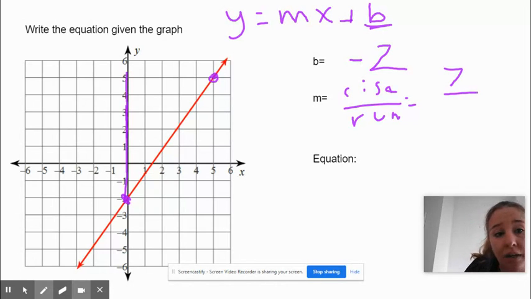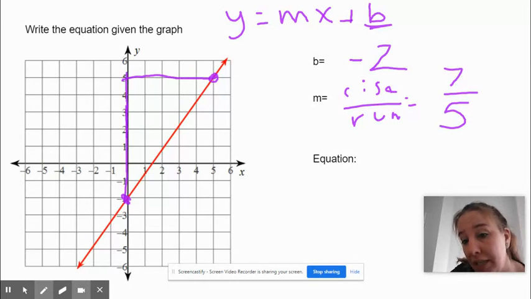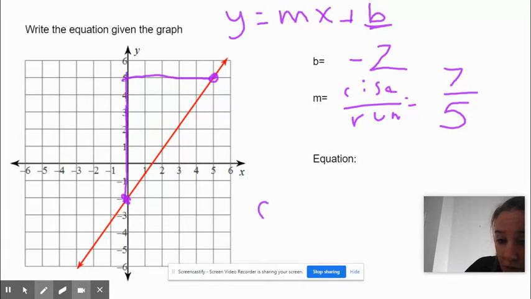And how many do I run? I'm going to run to the right: 1, 2, 3, 4, 5 places. Okay, so my slope is 7 over 5. My y-intercept is -2. So if I'm going to put my equation in slope-intercept form, y equals m, which is 7 over 5, x.